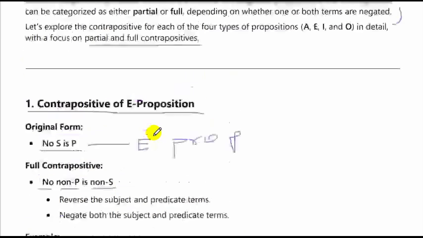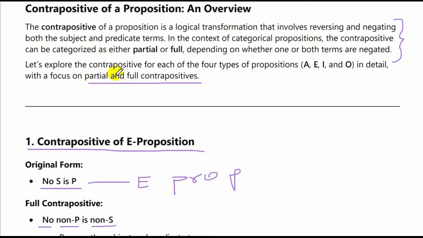Now let us come back to the definition here so we'll understand better. This is the proposition, and this is the contrapositive. So the contrapositive of a proposition is a logical transformation, so you can see that this has been transformed, that involves reversing and negating both the subject and the predicate term.